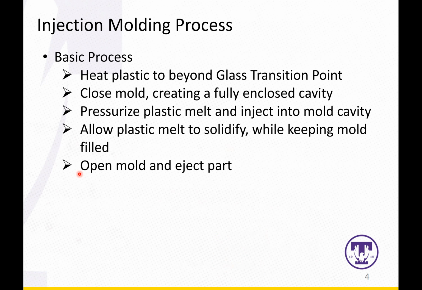So for the injection molding process, the basic process is to first heat the plastic material to a certain temperature beyond the glass transition point. And then the material will be injected into the mold to create a fully enclosed cavity.